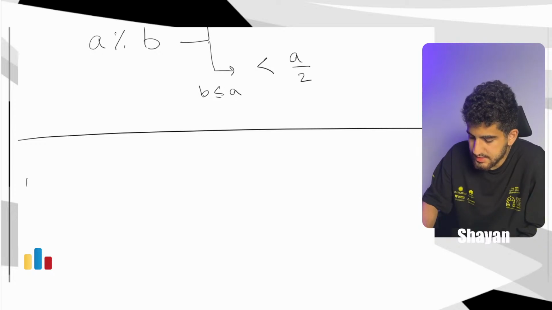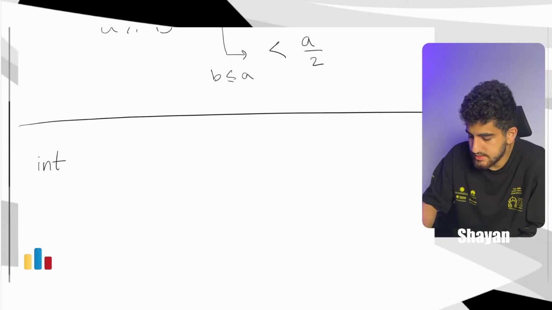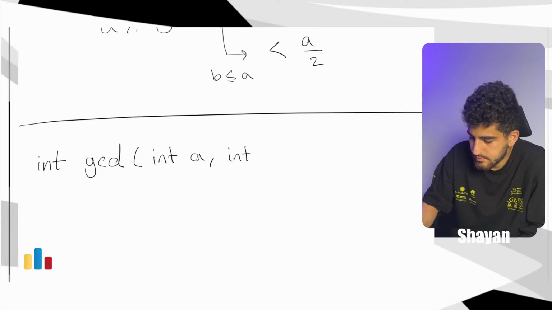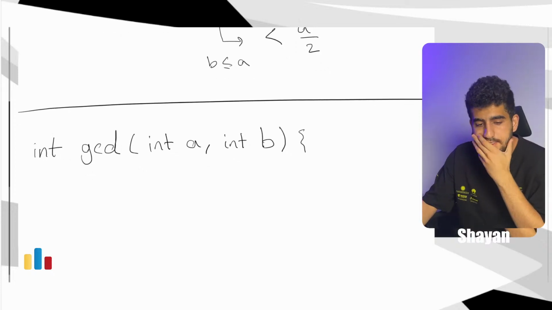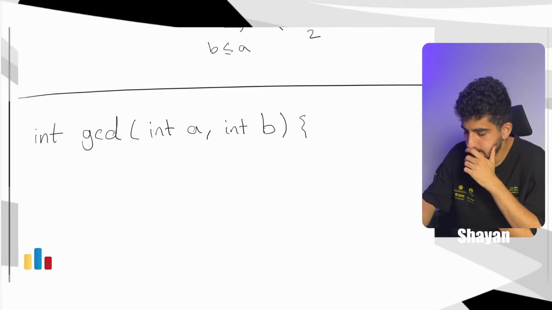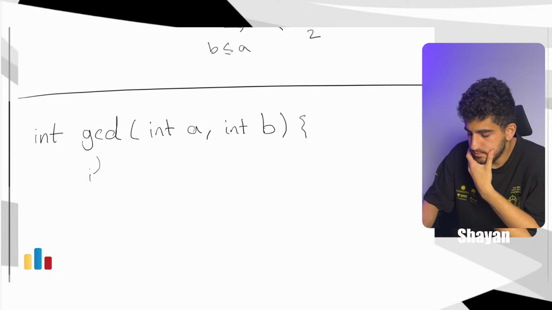I'm saying that in order to calculate GCD, we can say this. When we want to calculate GCD of A and B, we can say int GCD(int A, int B), and we can just say this. If b was 0, this is my base case.